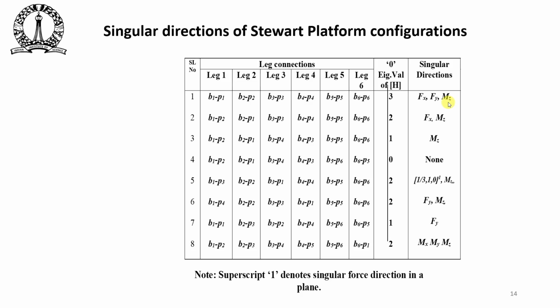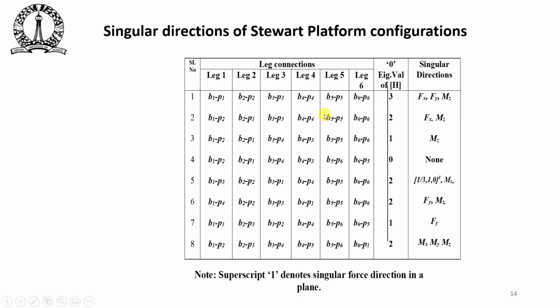So if you apply a very small force, it gives rise to a very, very large leg force when the forces are in the singular directions. Why large? Why not infinity? Because you can never make these legs exactly straight. So the eigenvalues can never be exactly 0, or the determinant of H can never be exactly 0. So if it is small, then it is near singular configurations.